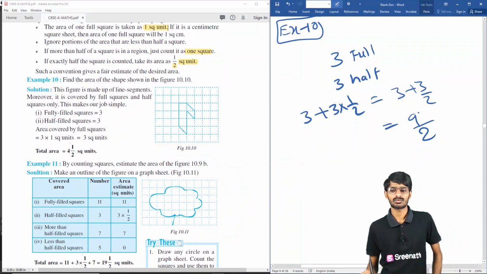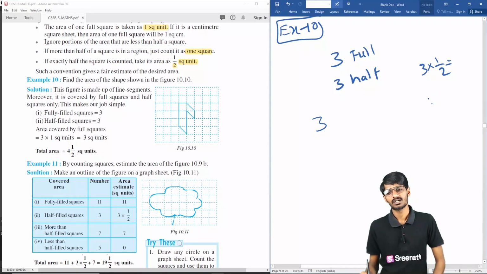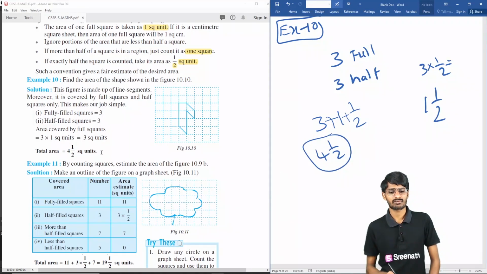You can do it like that. If you want to write it as a mixed fraction, it is 4 and 1 by 2. Or simply, 3 halves means 1 and a half. If you add it to the 3, it is 4 and a half. That's it, 4 and a half square units.